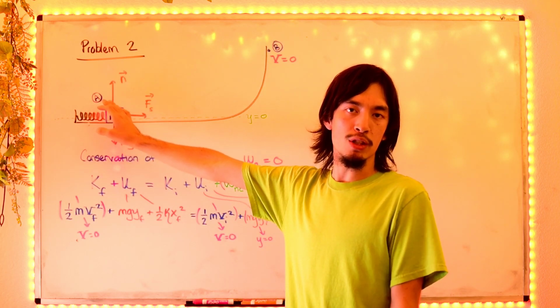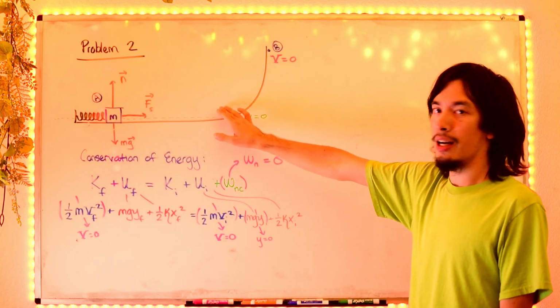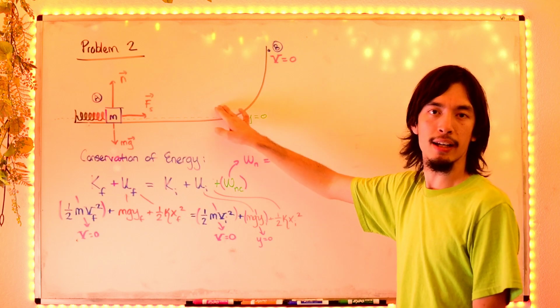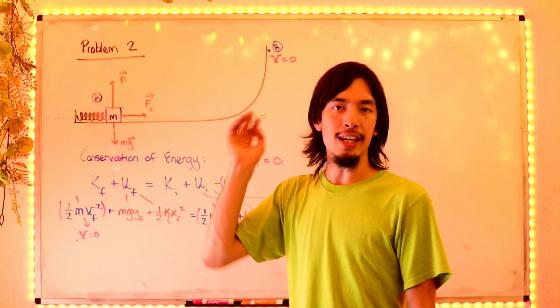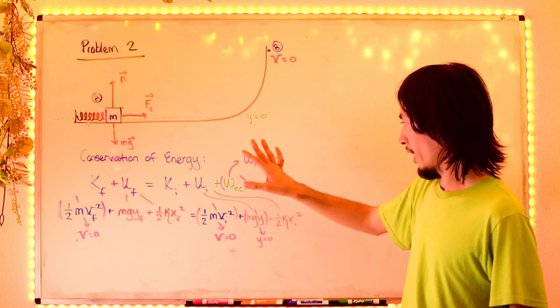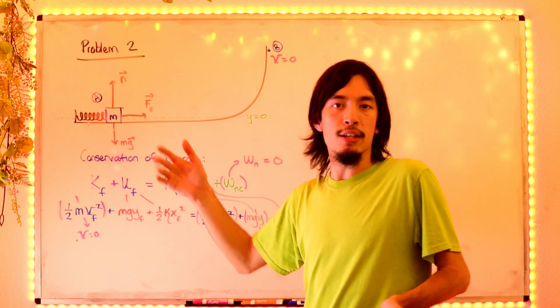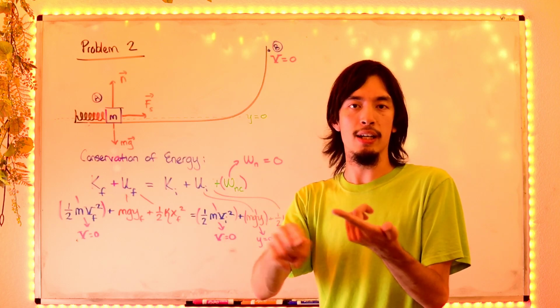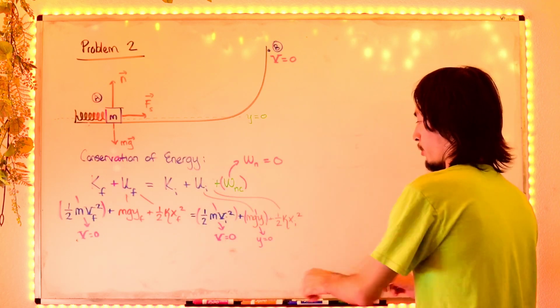Despite starting at rest and ending at rest, it does achieve a non-zero value of kinetic energy at some point during its path because it has to be moving. But again, this is not about what happens in the middle. This is about what happens initially and what happens finally. So it doesn't have kinetic energy at the beginning and it doesn't have kinetic energy at the end, so it's not even touched in this problem.